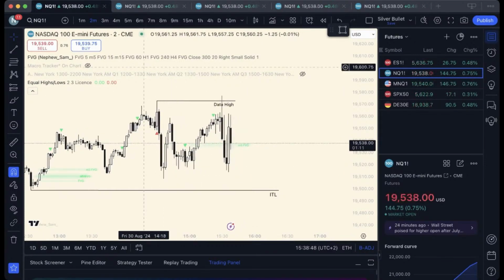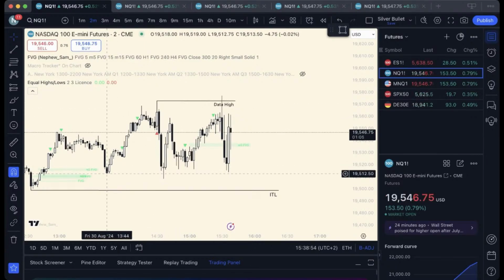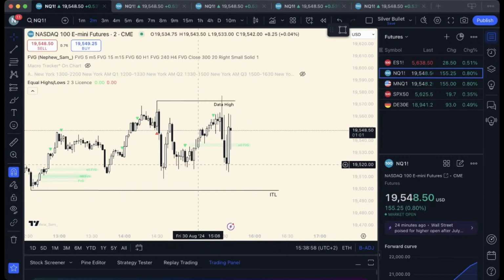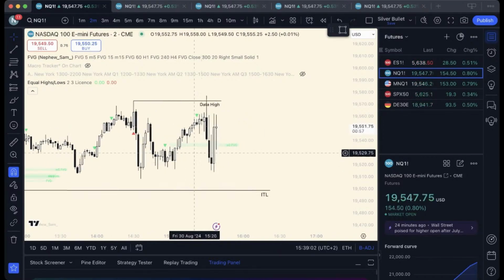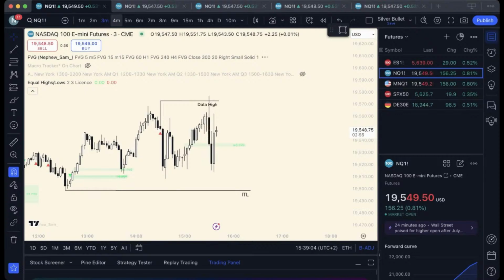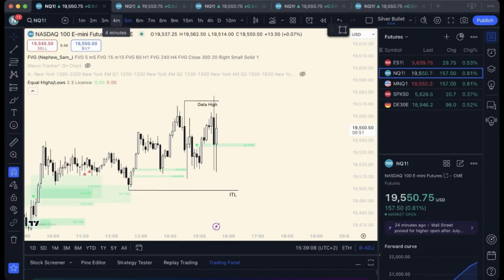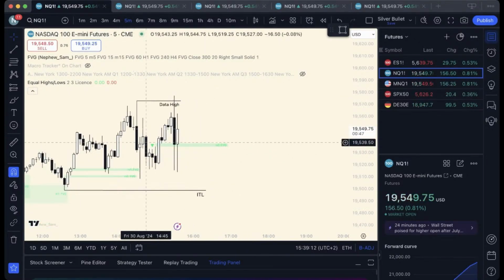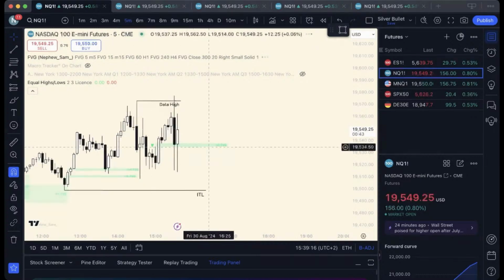And here, as you can see, we have the data high candle, and after we swept this low here, we inversed the 2 minute, or maybe it's a 3 minute. Okay, the highest time frame would have been 5 minute.